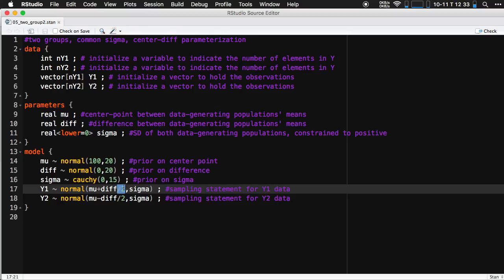But here we'll be explicit that if you imagine that there's some center between these two distributions. Maybe they are IQs, and so the center is somewhere up around 100, and one's a bit bigger than 100, and one's a bit smaller than 100. So mu defines where the center of the two groups is, and diff defines what the difference between the two groups is.